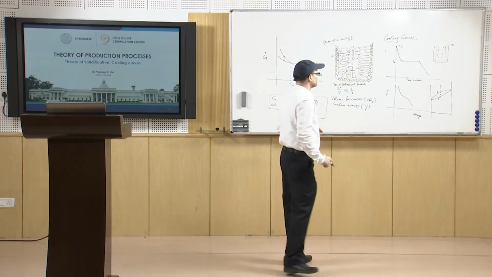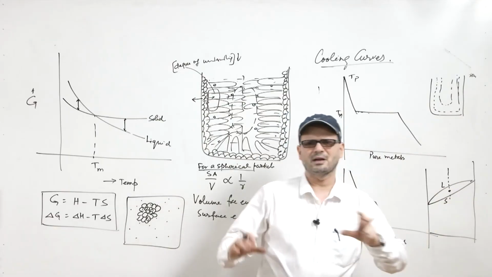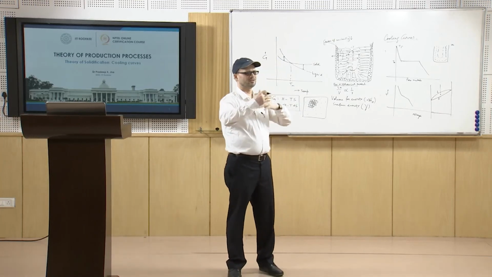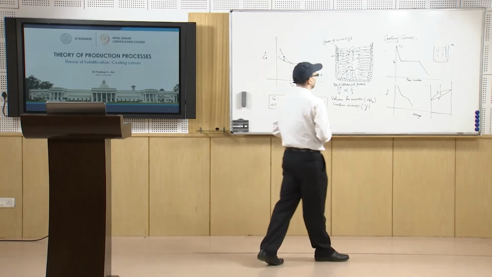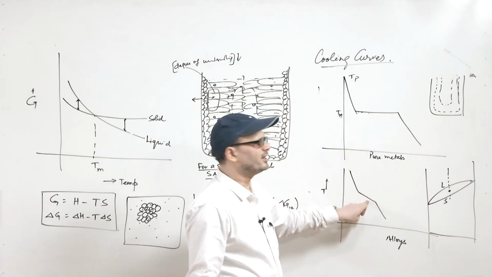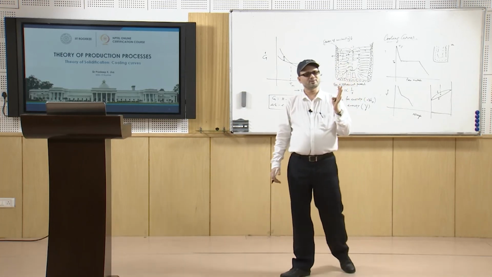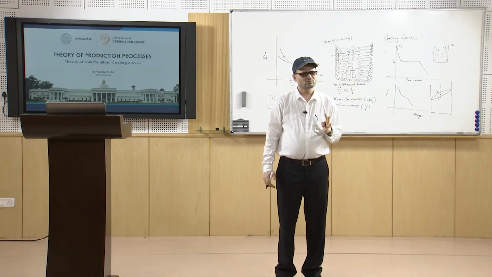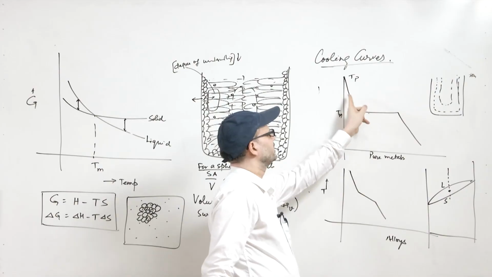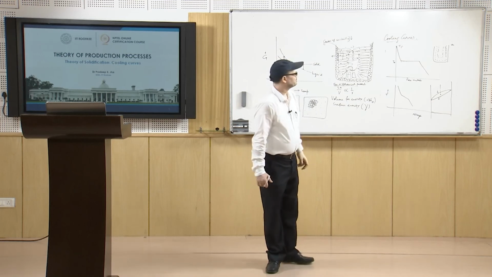This happens because of the concentration gradient, the solute concentration difference, which we will discuss in our next lectures. So, this cooling curve tells that even during solidification the temperature was going down, while in the case of pure metals the temperature was not going down during solidification.